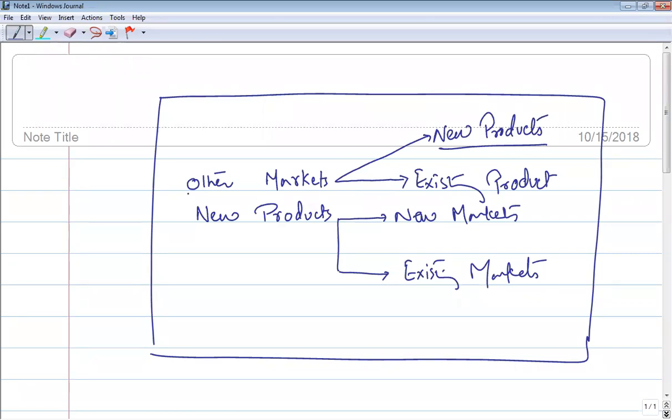Because if you want to continue with your existing product and you do not want to develop any new product, then the only way of increasing your sales and growing will be to enter new markets. Because you may have exploited the current market. That's why you are looking for new ways of growth.